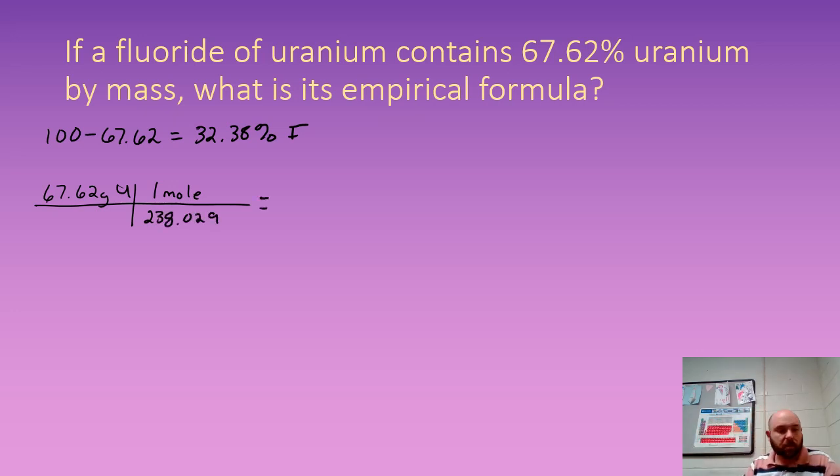Uranium atoms are rather large. And when we divide that out, 67.62 divided by 238.029, we see that we have approximately 0.2841 moles of uranium in our sample.